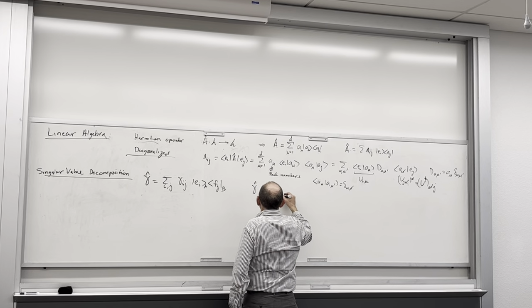Okay? So D less than here is the minimum of dA and dB. Some of these might be 0. These guys are going to be greater than or equal to 0.